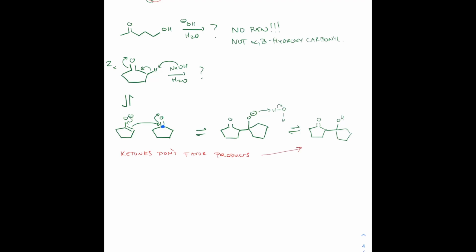I want to remind you that ketones don't favor the products, but this particular step right here, removal of that alpha hydrogen, which needs to be there in order for this to happen, will ultimately eliminate that hydroxide to form the alpha beta unsaturated ketone, and this you can't come back from.